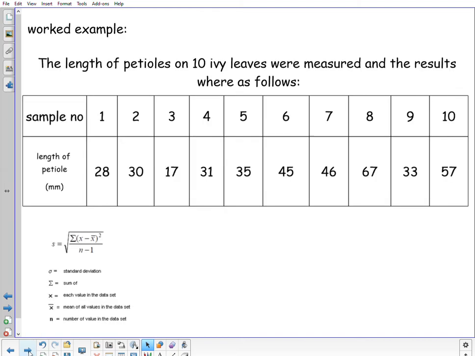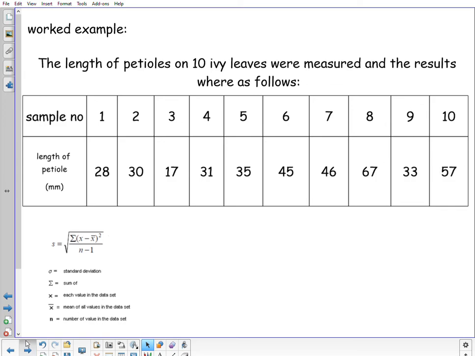Okay, worked example 2. The length of petioles on 10 ivy leaves. We measure the petiole, which is the length of the stalk from the stem to the actual leaf. Okay, so they just measured all of this. So you can see we've got quite a big range here. We go down from 17 up as far as 57.